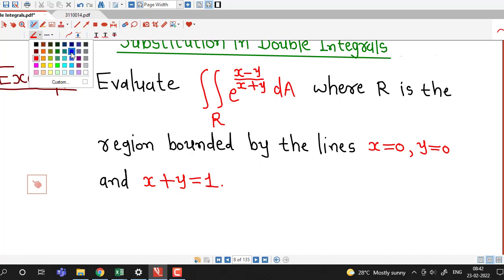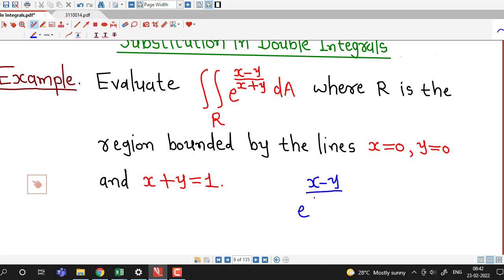You can see here the given function is e raised to (x minus y) divided by (x plus y). We cannot integrate this with respect to x or with respect to y. It is practically impossible to integrate this function without applying this substitution for double integrals.